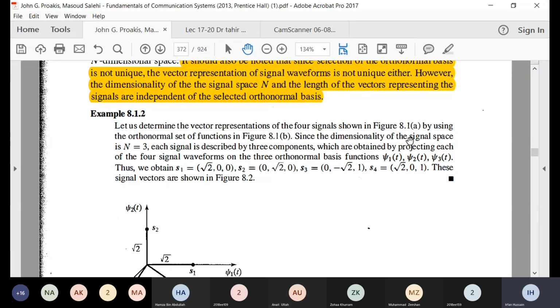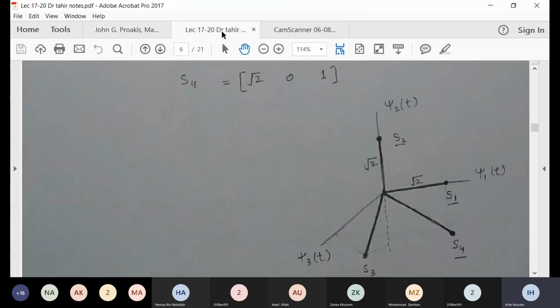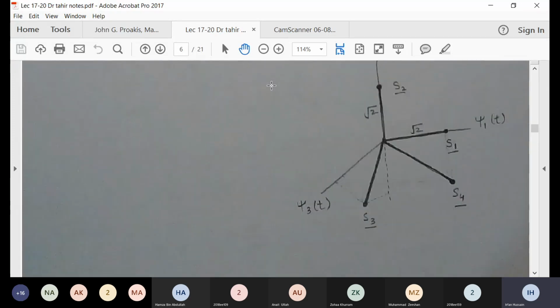Again, we have those 4 signals which we started with, and we have the orthonormal basis functions in figure 8.1b. Here it is showing the vector representations which I have just told you about. We just calculated all of them, and this was their representation in vector space. So again, he is doing the same thing.